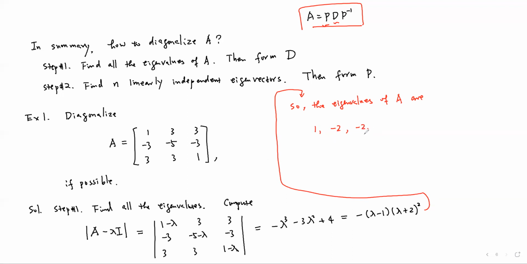Eigenvalues we have found. Step 2, find eigenvectors. We have 2 distinct eigenvalues. Actually, we need to find 3 linearly independent eigenvectors.